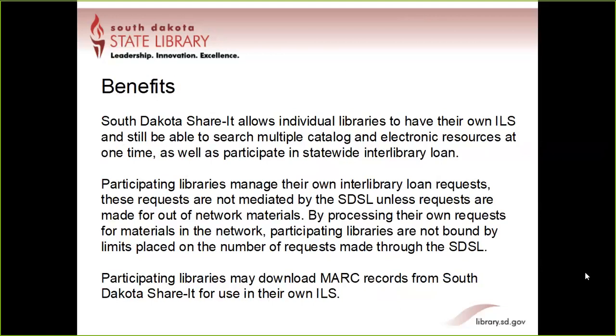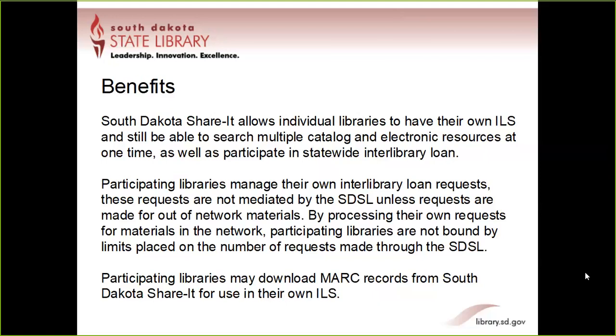I talked about the state library mediating interlibrary loan requests, and again, we still do that, but participating libraries can manage their own requests, assuming that they can place the request and they receive the material from a lender. They don't have to talk to the state library at all, and that really helps them, because then they're not bound by limits that we have to put in place if we're going to be mediating requests.